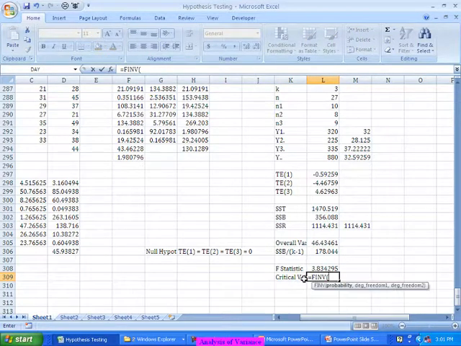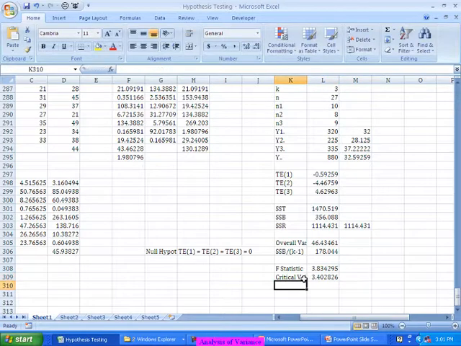At 5% level of significance, we are talking about 2 degrees of freedom and 24 degrees of freedom, working out to 3.4.